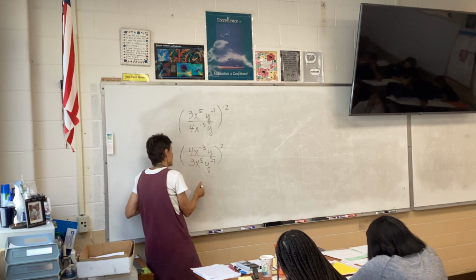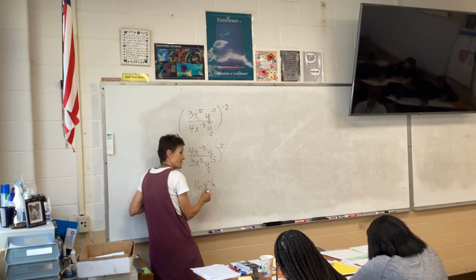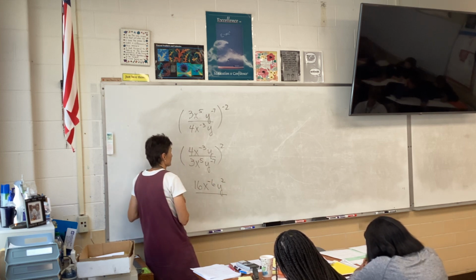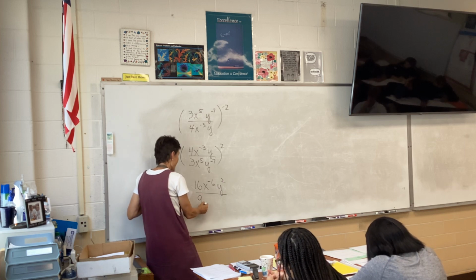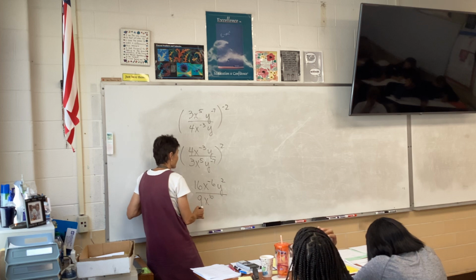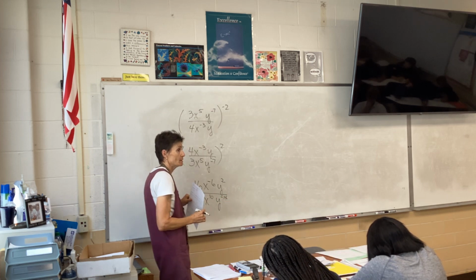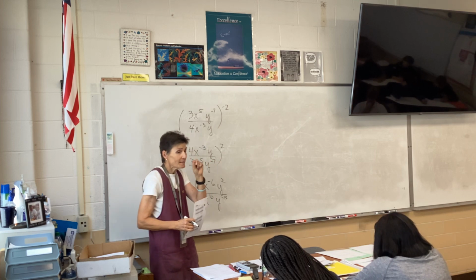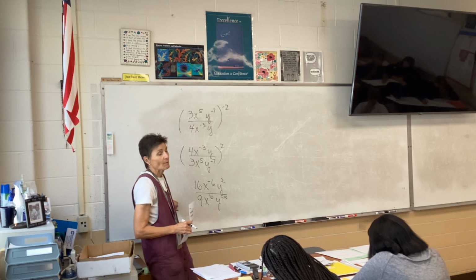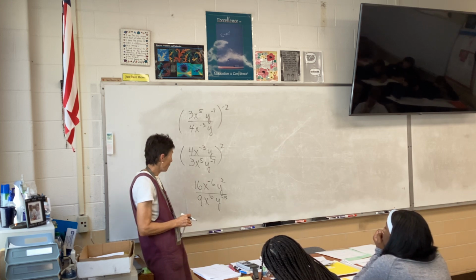So I would have 16 x to the negative 6 y squared over 9, 3 squared, x to the 10th y to the negative 14. Now again, you might not do it in this particular order, and that's okay. But, is that right? Yeah. It's fine. All right, now what do you want to do with that?